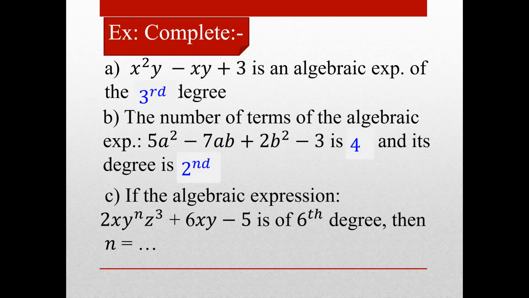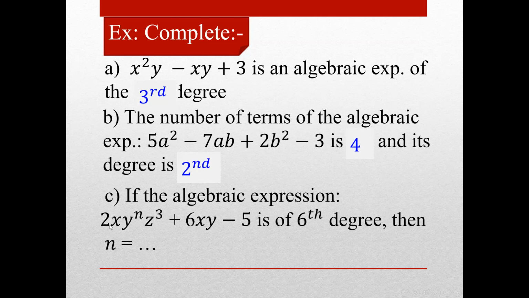If the algebraic expression 2x y power n z power 3 plus 6xy minus 5 is of sixth degree, then n equals what? Sixth degree, so the greatest term is of the sixth degree. Of course, not the 0 degree term, and not 6xy with the second degree.